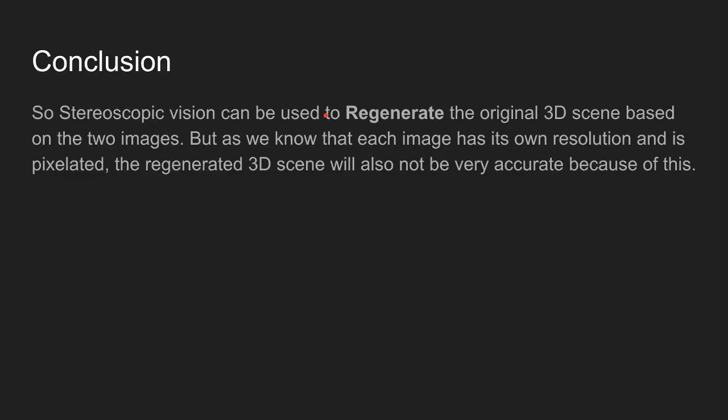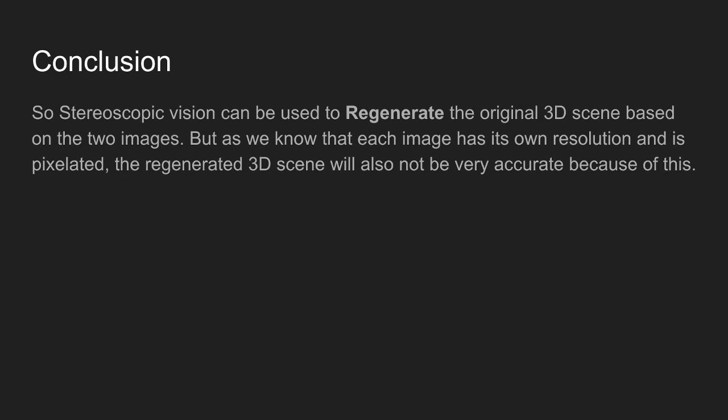So stereoscopic vision can be used to regenerate the original 3D scene, as it can regenerate the depth value. It can plot our scene into an XYZ three-dimension system, but each image has its own resolution and it is pixelated. So if we regenerate the 3D scene, there may be some error in the depth.